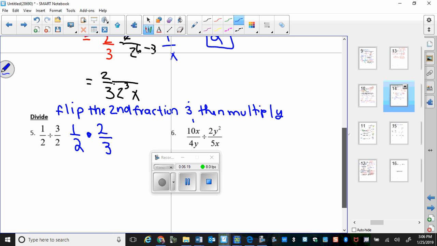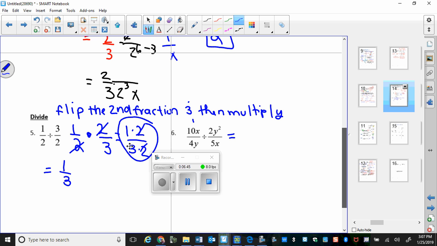It becomes 2/3. This is a reciprocal. And what happens? I have 1 times 2 over 3 times 2. And maybe you can't see it, but you could have just canceled there. But we can cancel these 2's here. And we're left with 1/3. So let's try skipping this step next time if we come to it.